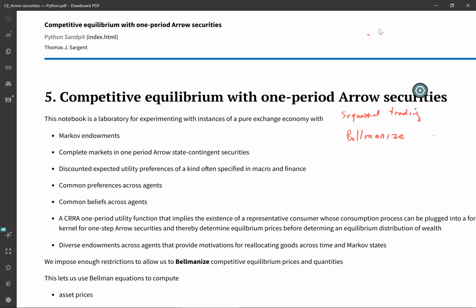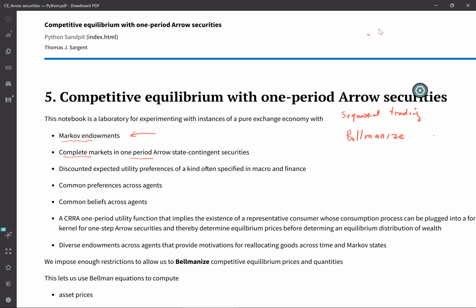Okay, so I'll supply this notebook. So here's the deal. There's going to be a Markov process. Everybody's endowments are going to be a function of the same Markov state. We're going to have complete markets in one period Arrow securities.